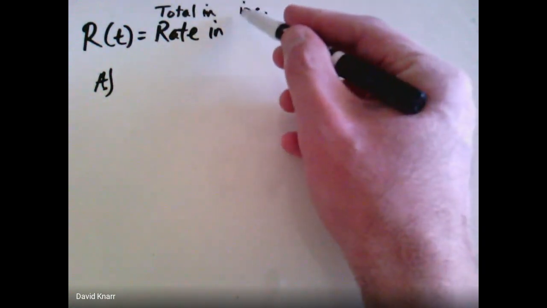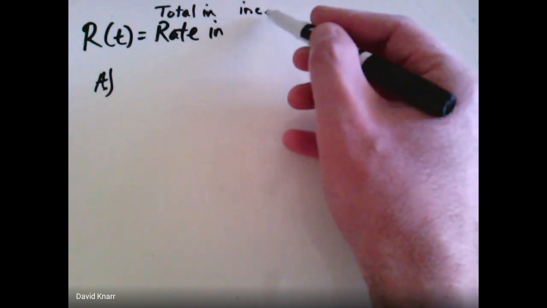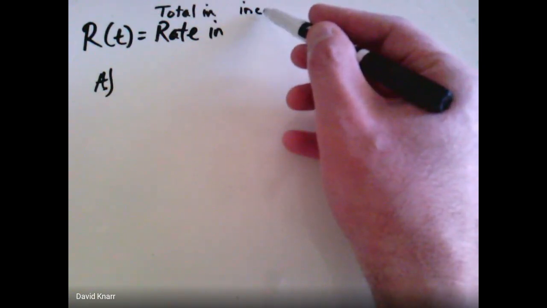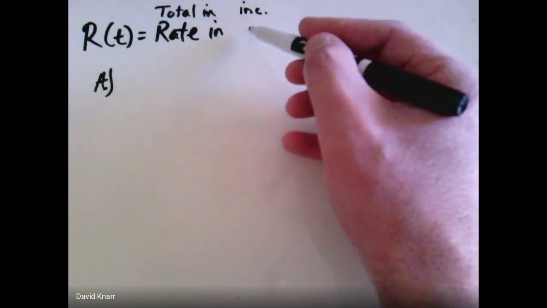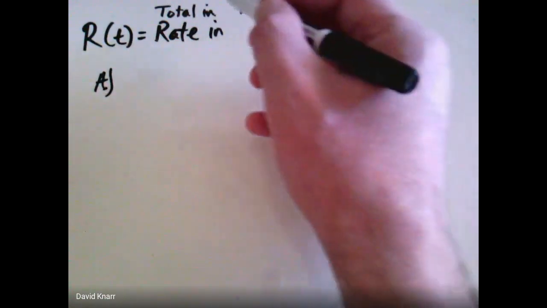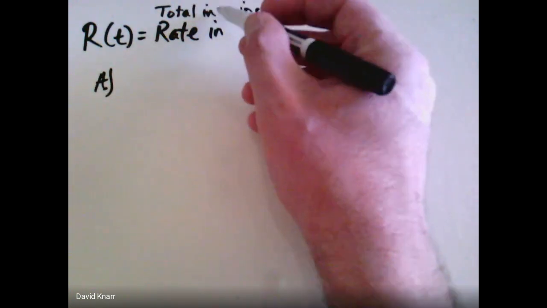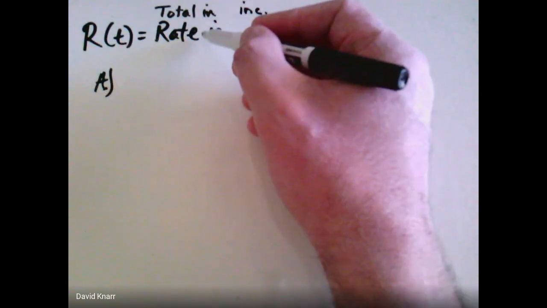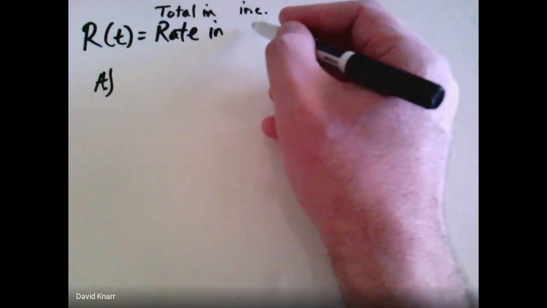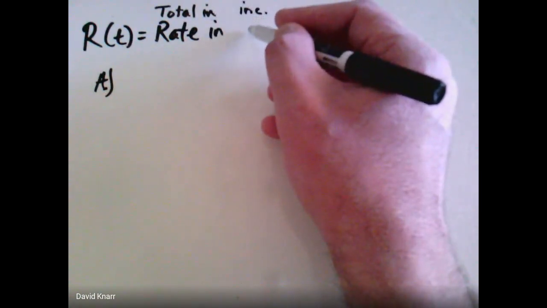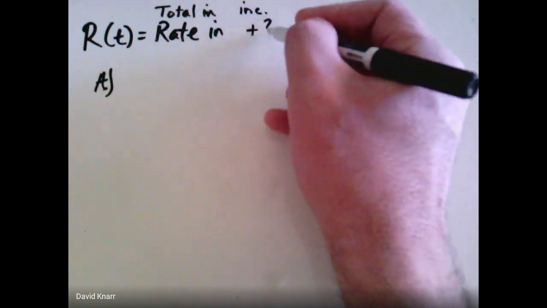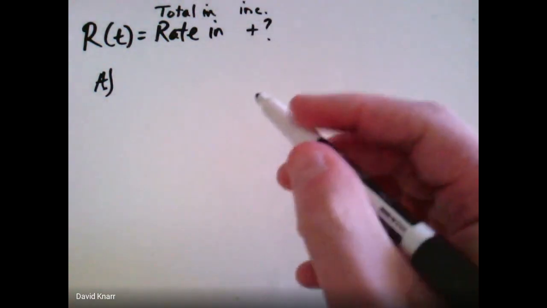The question is, how do I figure out if something's increasing? Well, I find its derivative, and its derivative should be positive. But the derivative of the total in equation is R of t, the rate equation. So my question to you is, is R of t positive at t equals 6?